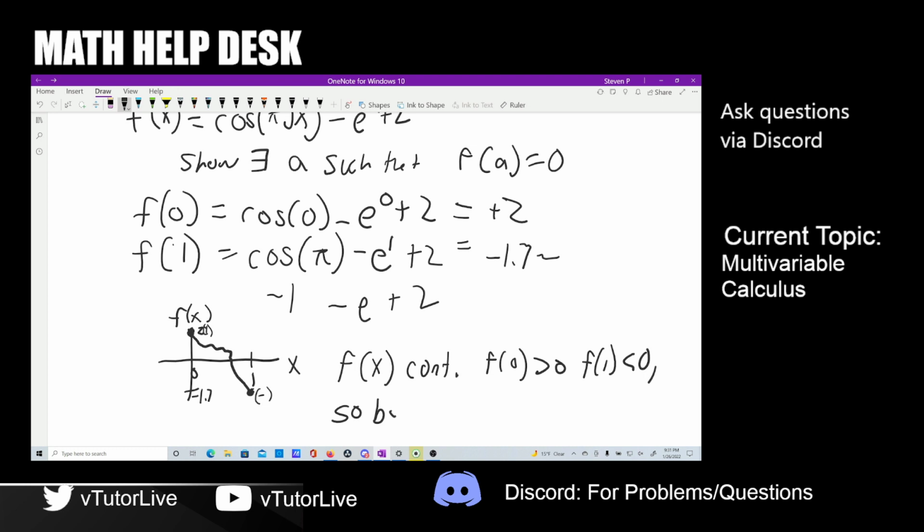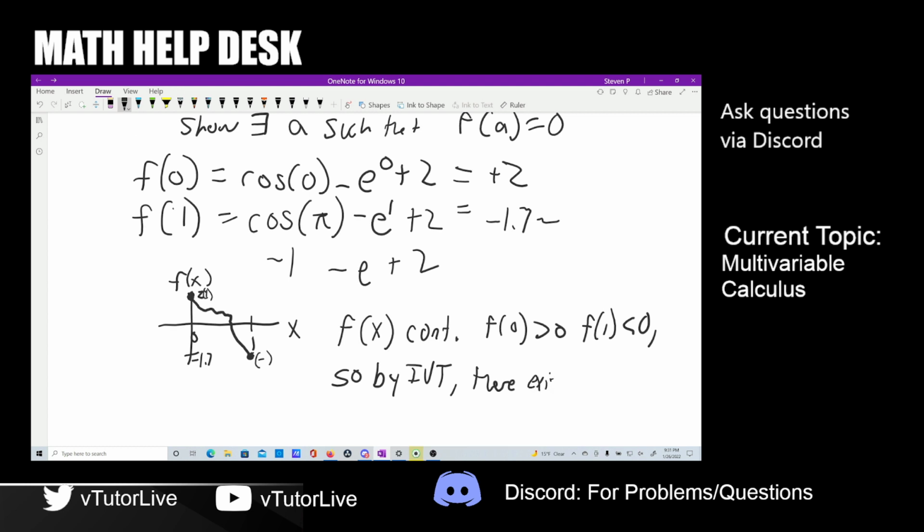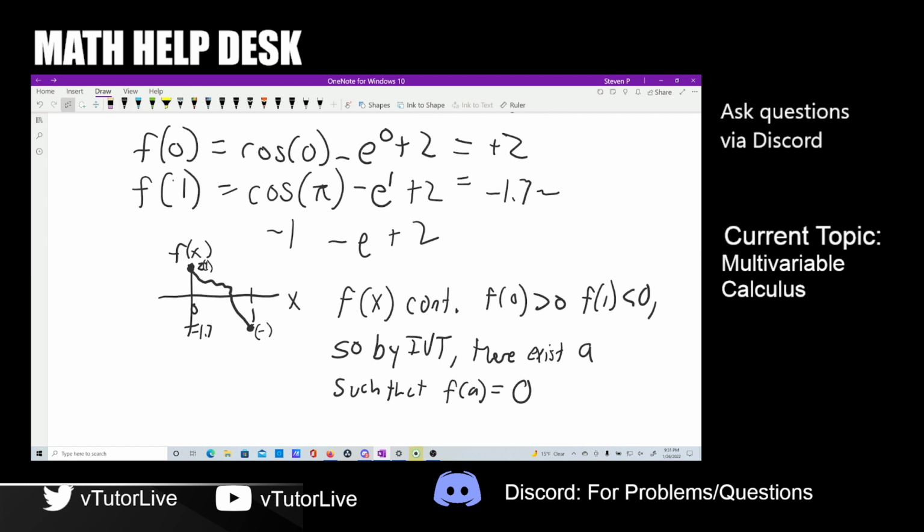So by IVT, there must exist a value, let's call it a, such that f(a) is equal to 0. And the fact that f(a) equals 0 means that x equals a is a solution to the original equation.